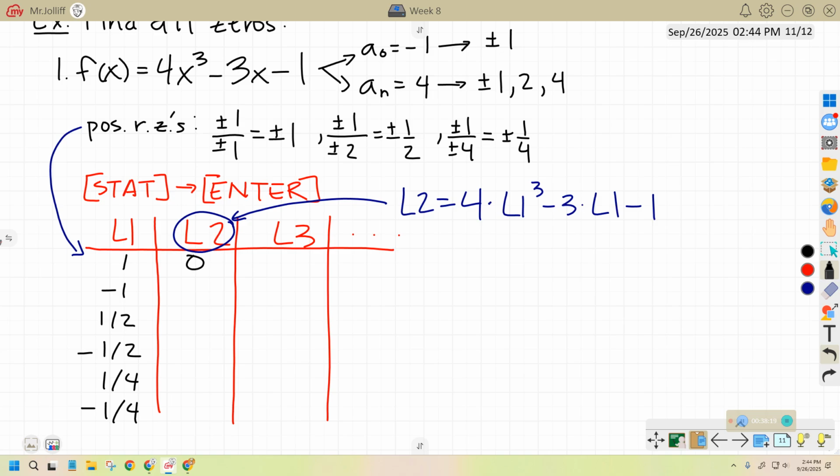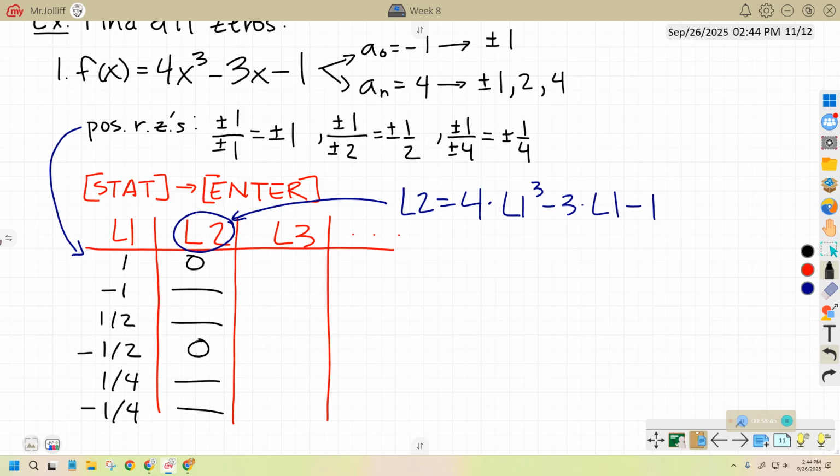Specifically, I got a 0 for x equals 1. I got a 0 for negative 1/2. I got something other than 0 in all of the other spots. Do I care about what those values are if they're not 0? No. Don't care. What I care about is that I just found 2 actual zeros of my polynomial.